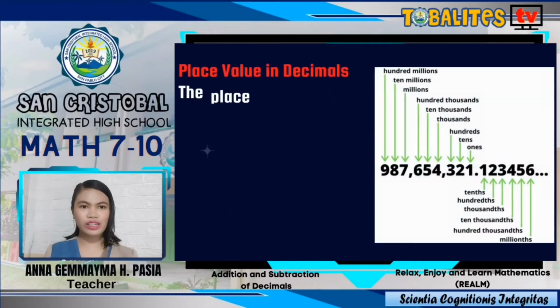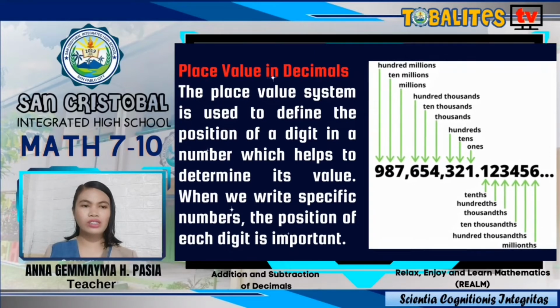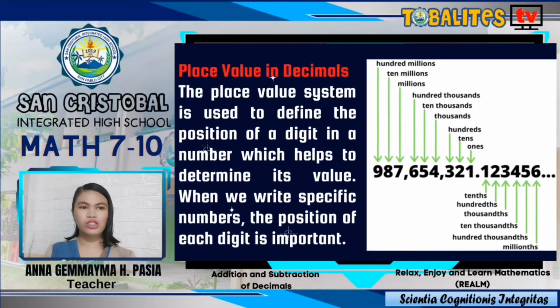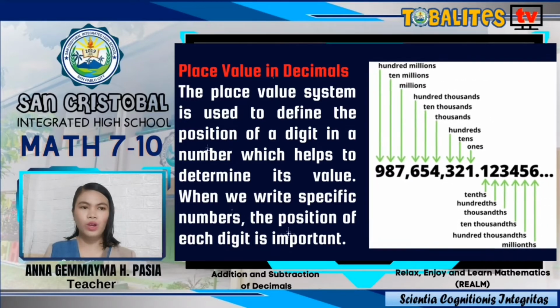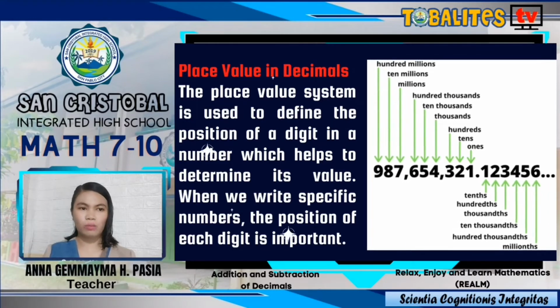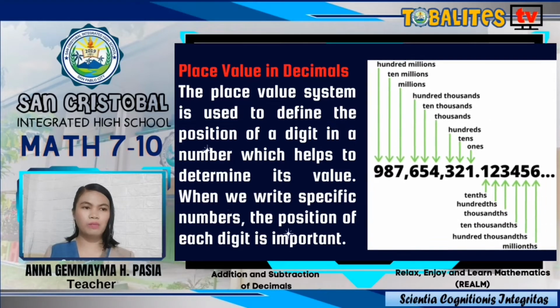Now let us proceed with the place value in decimals. The place value system is used to define the position of a digit in a number, which helps to determine its value. When we write specific numbers, the position of the digit is important. Let us look at the example.